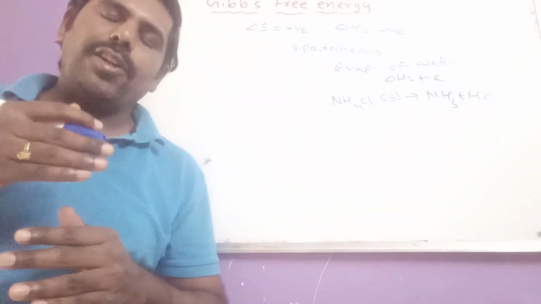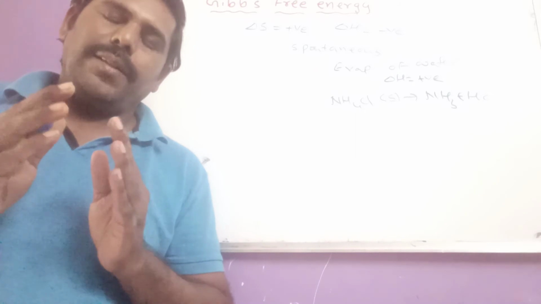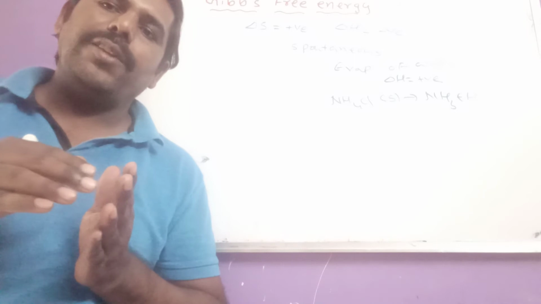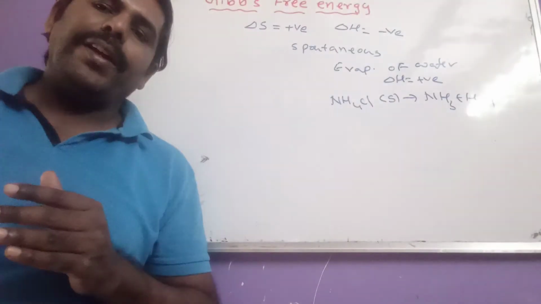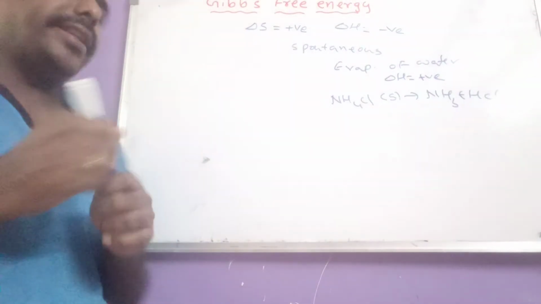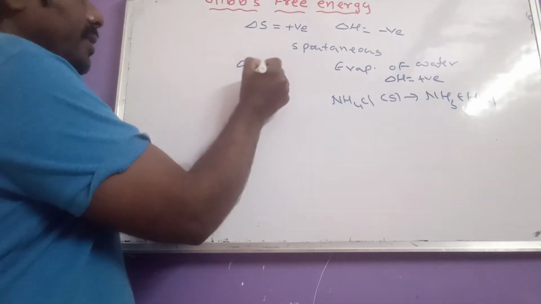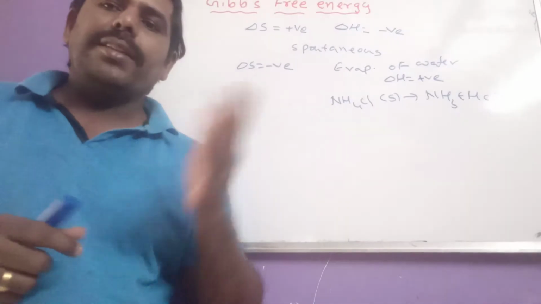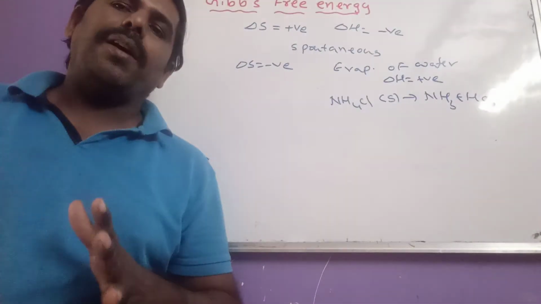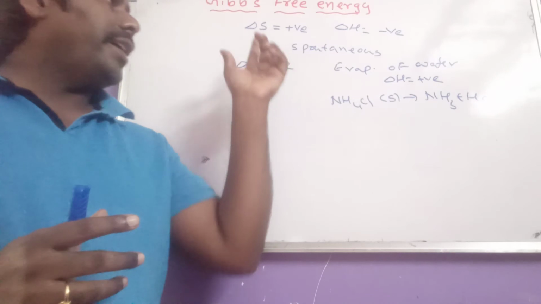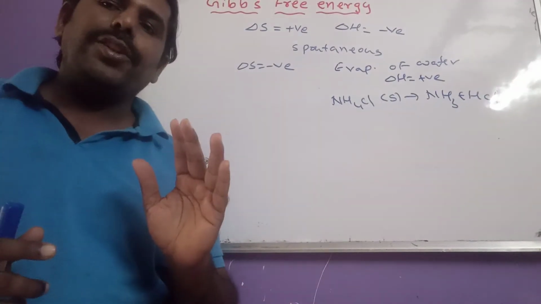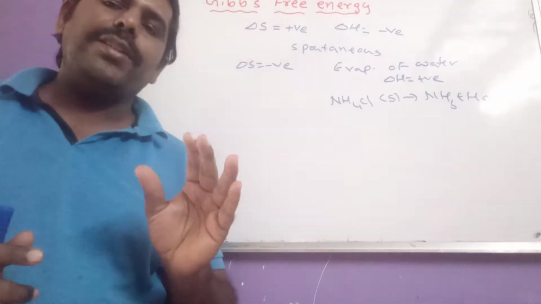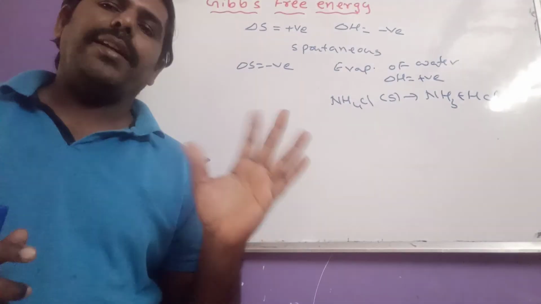The entropy of that substance decreases when it is liquefied from a gaseous state. Entropy decreasing means delta S is negative. Even though delta S is negative, that process also takes place spontaneously. That means delta S positive for spontaneity is not a mandatory or necessary condition.